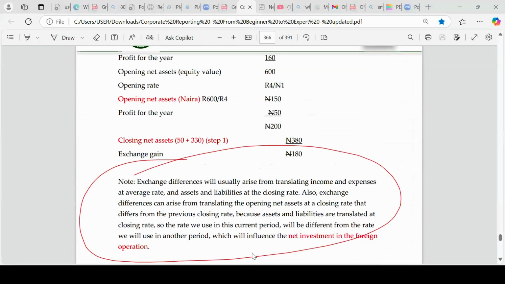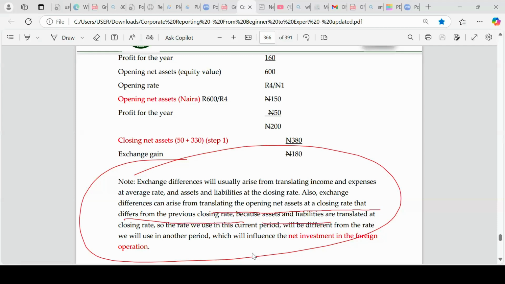So they said exchange differences will usually arise from translating income and expenses at average rates and assets and liabilities at closing rates. Also, exchange differences can arise from translating opening net assets at a closing rate that differs from the previous closing rate.